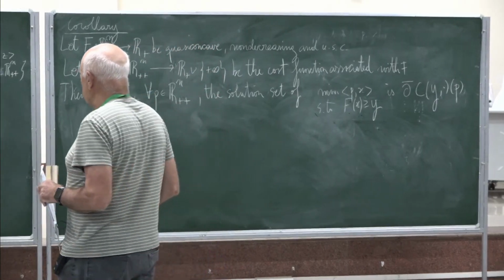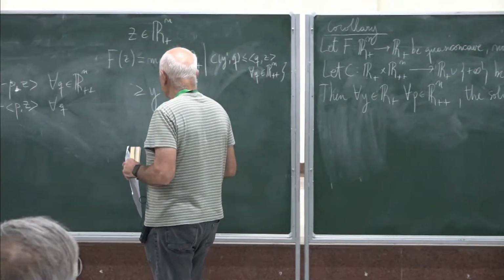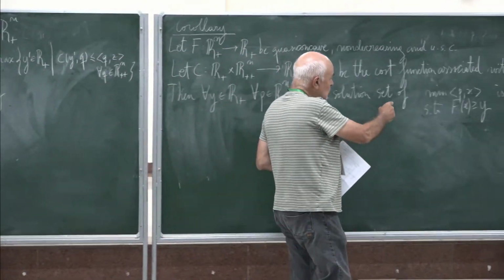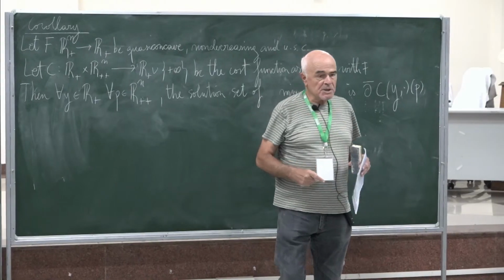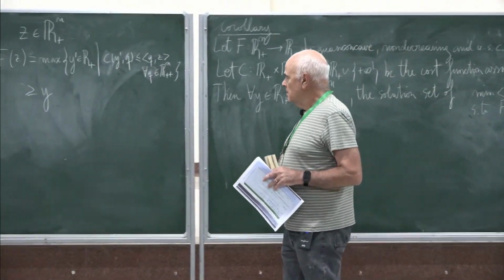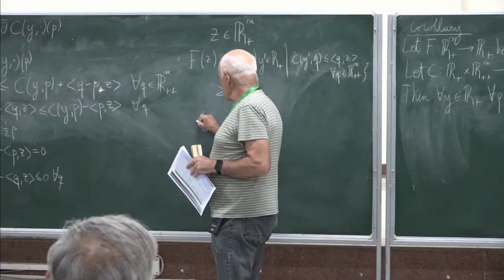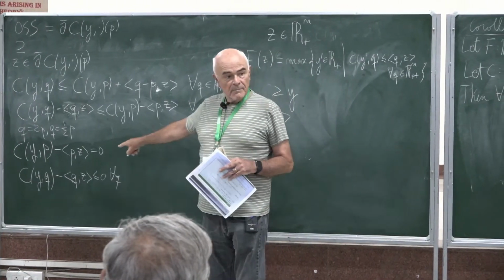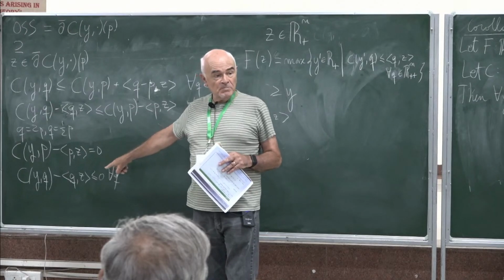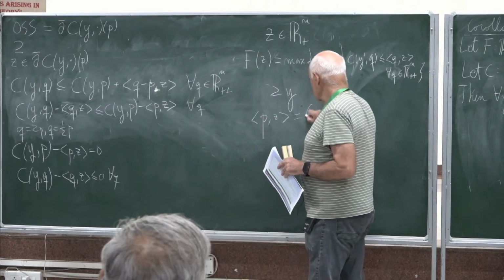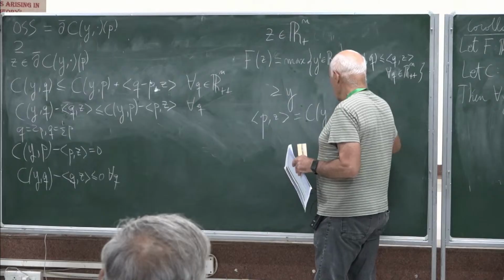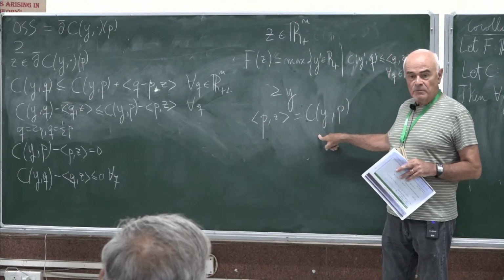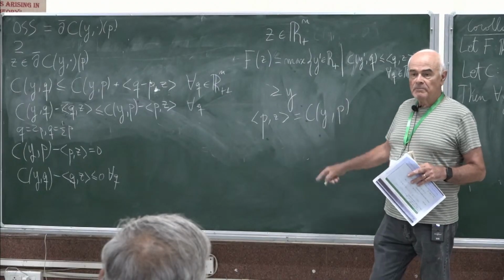And now what is the value of the objective function at this particular point? It is C(y, p). So the value of the objective function is the optimal value of that problem.